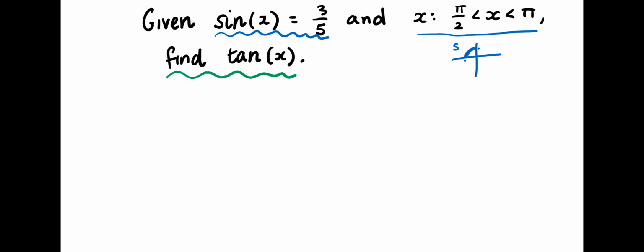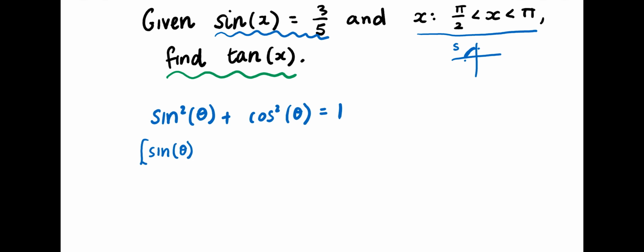As I mentioned, trig identities is what we need to know, but because tan is involved, and previously we only talked about the sine and cosine trig identities, we need to remember that sine squared theta plus cos squared theta equals 1. Now, if you haven't seen this notation before, it simply means that we work out sine theta and then we square it.